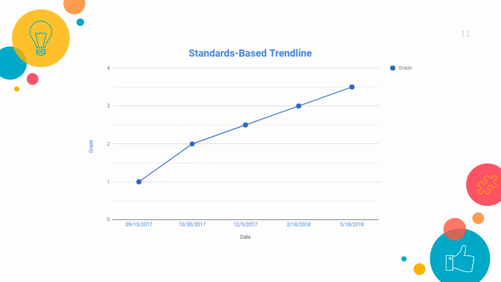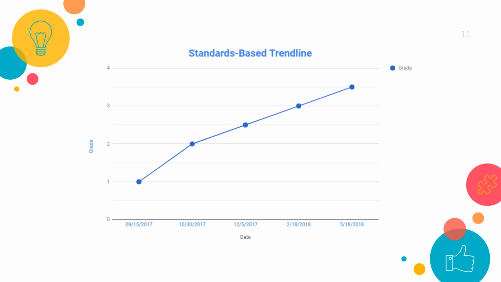So this slide shows what a standards-based grade trend line can look like. So if you see, we'll say this is 5th grade math, and when the student enters 5th grade math at the beginning of the year, they're demonstrating a 1 in proficiency. And that's okay, because we don't expect students to have mastered 5th grade math at the beginning.